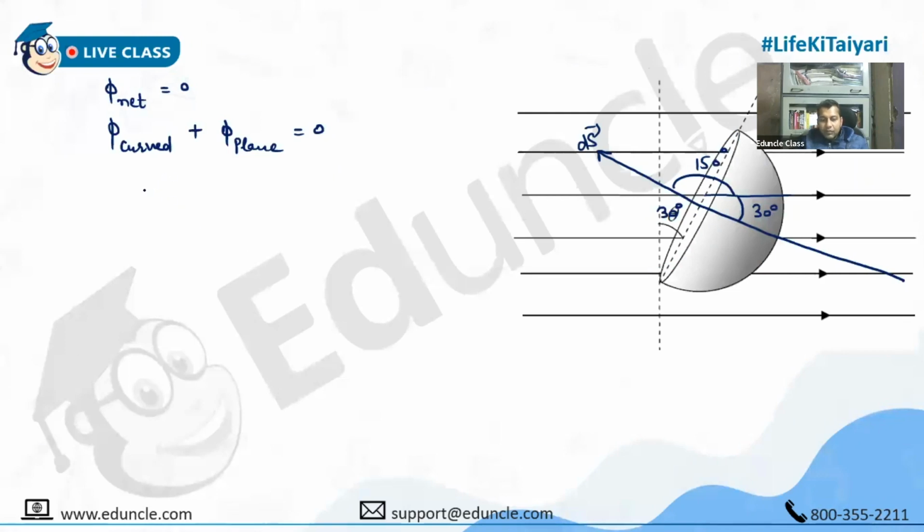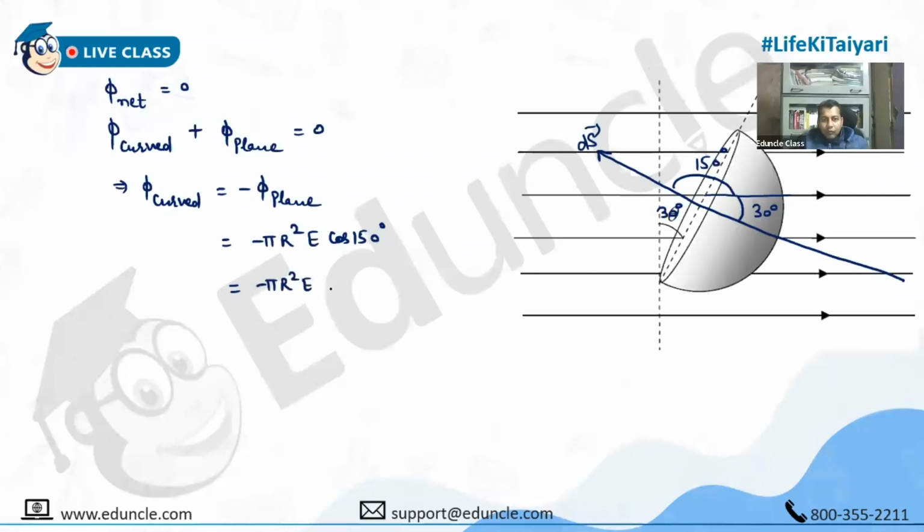So it means flux through curved surface is equal to negative of the flux through plane surface. And flux through plane surface is given by area into electric field into cos of angle between E and ds. It is E dot ds, na? E ds cos theta.